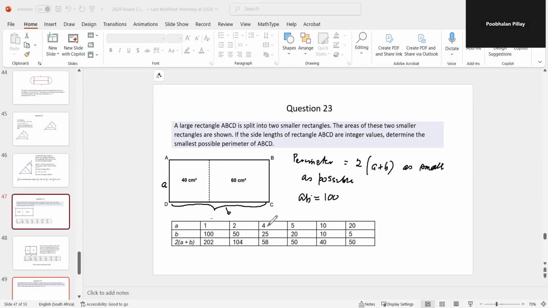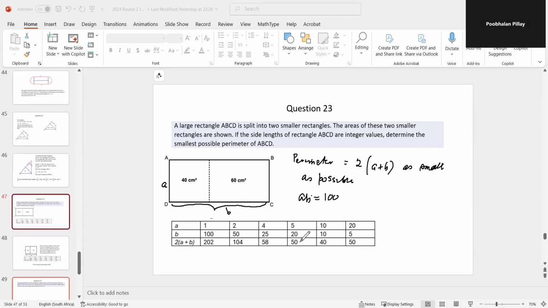4 goes exactly into this, 4 times 25. 5 also goes into this, 5 times 20. But after that, none of 6, 7, 8, 9 goes, but 10 goes, and it's 10 times 10. It's a perfect square. Right? The next factor is 20, and 20 times 5.